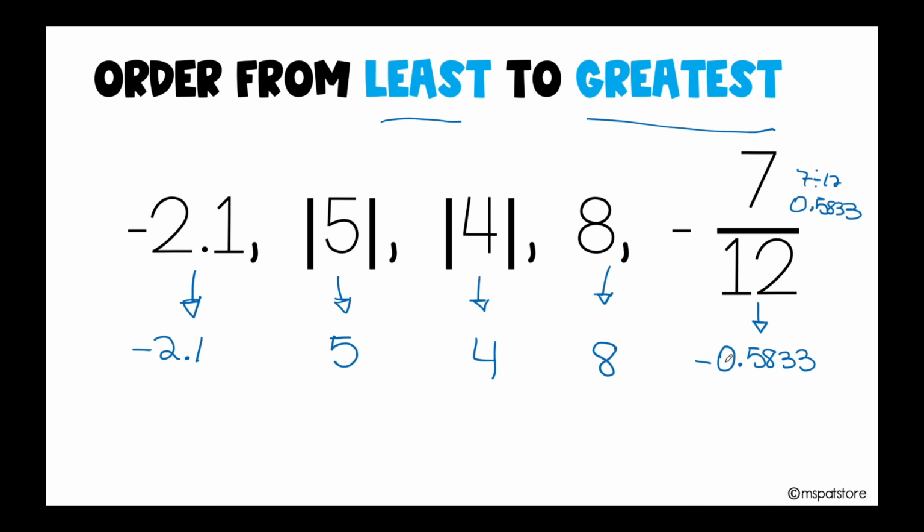So remember, in the negative numbers, the numbers that are moving away from 0 are actually the smallest, because as they move away from 0, they become smaller and smaller and smaller. So as negative 2.1 is farther from 0 than negative 0.58, I am going to use this number as the least one. Yes, this is the least number, the smallest number, negative 2.1.